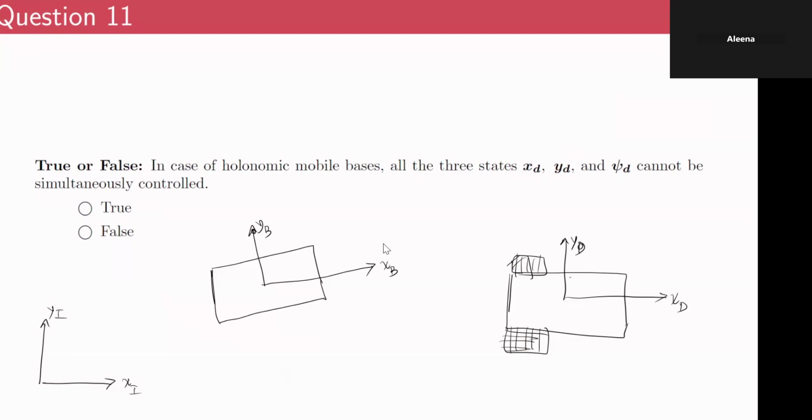If this is the initial position and this is the final position, like this, and this is XD and this is YD, then what does a non-holonomic robot do?